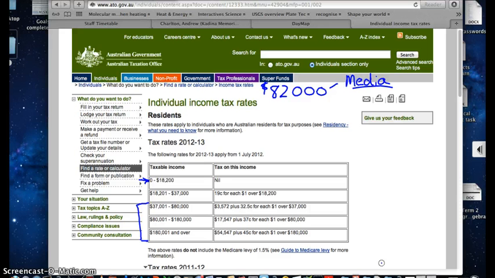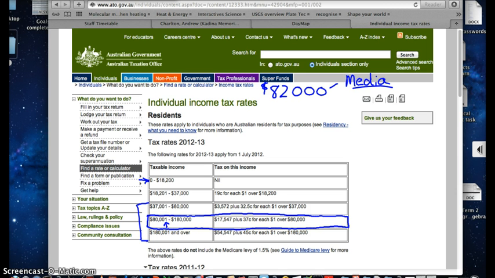Okay? So that puts you into this bracket here. It's just a fraction over $80,000, but it's well under $180,000, which would have tipped you into this one. All right? So you're in this bracket here, and this is the only thing that you need to concern yourself with, this box here, and you can eliminate any other bits of information around the outside of it.